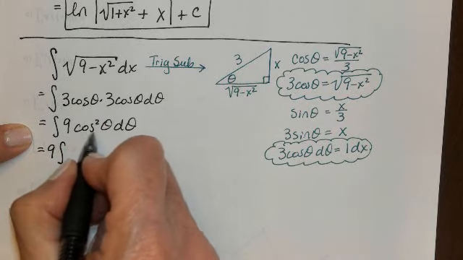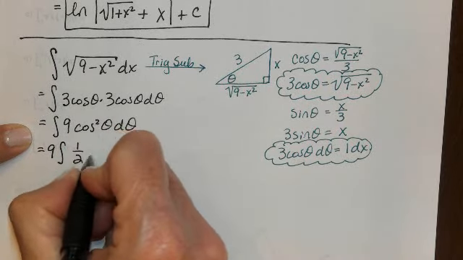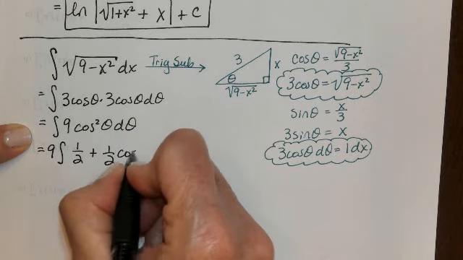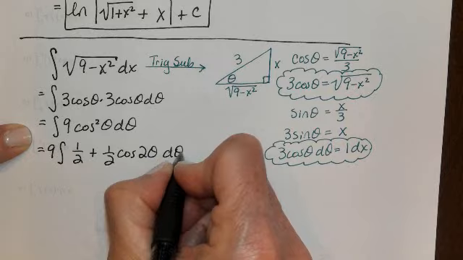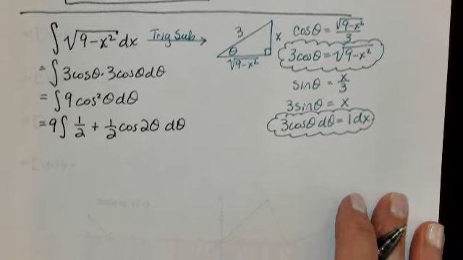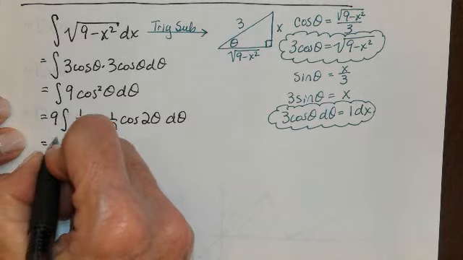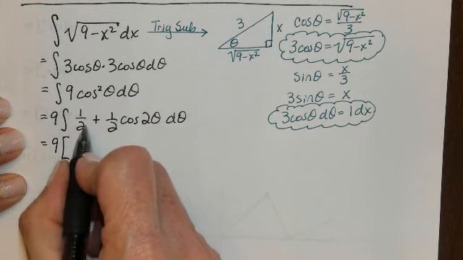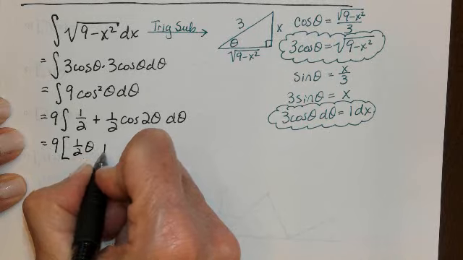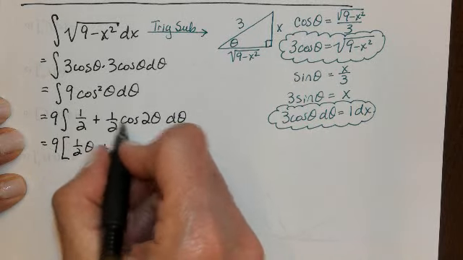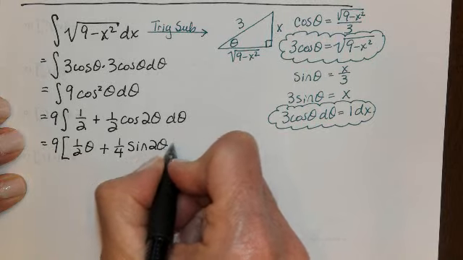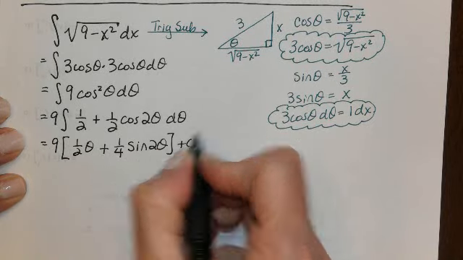For cosine squared, we have to change it to the identity with the 1/2s in it: 1/2 plus 1/2 cosine 2 theta d theta, right? So the antiderivative will be 1/2 theta plus, all right, this will be 1/4 sine 2 theta plus c.